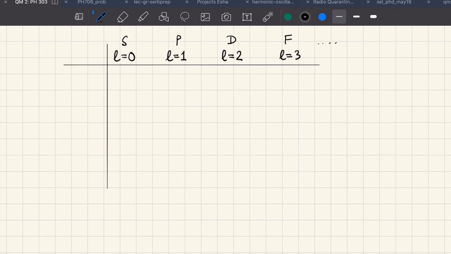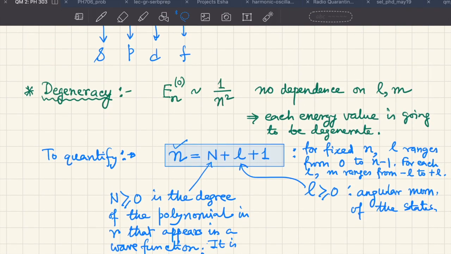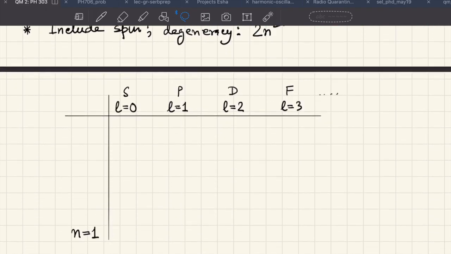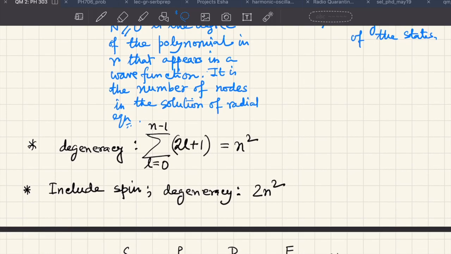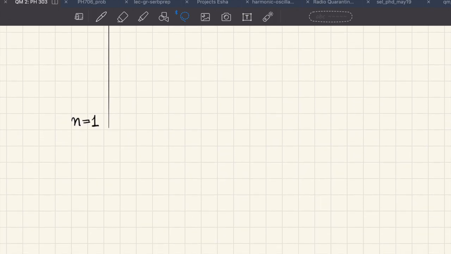Now let us start from n equal to 1 because n equal to 1 is the ground state. If you look at this expression for n, then for n equal to 1, you know that L cannot be anything other than 0. So your L is also fixed. That means capital N can only be 0. So you have a state which will have N equal to 0.